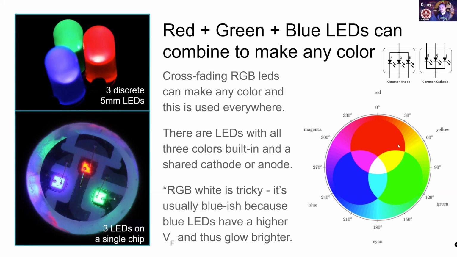But it's interesting. Another thing that's a little tricky about RGB LEDs is if you're trying to go for perfect white light, usually it's a little bit bluish if you just turn all 3 on, because the blue LEDs have a higher forward voltage drop. So it's not usually super easy to get a perfectly tuned, nice central white.